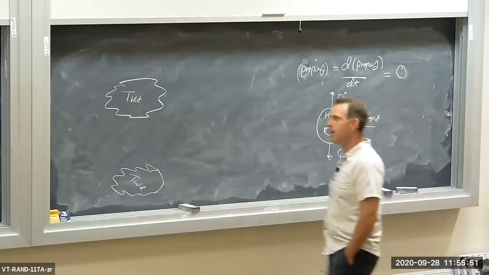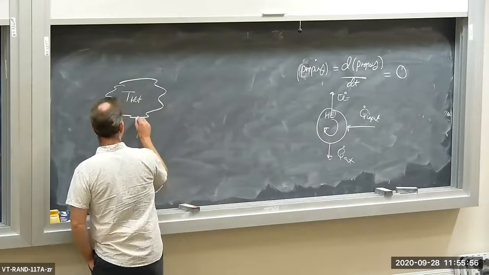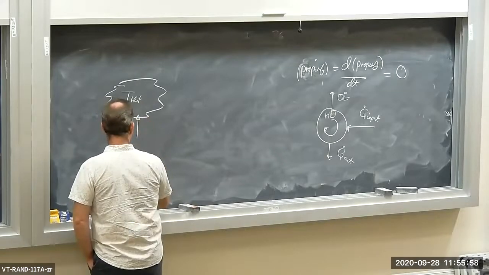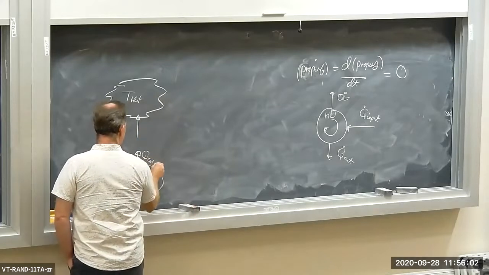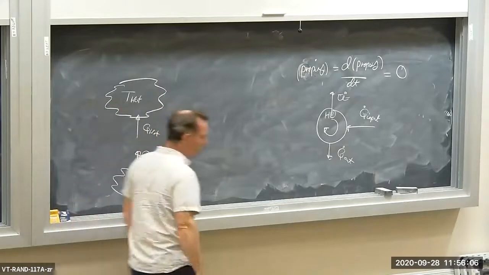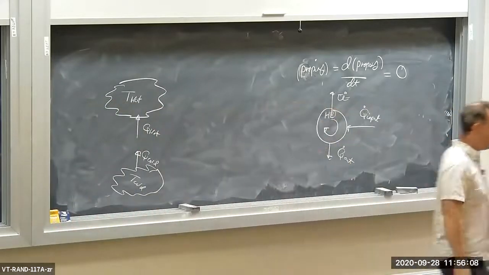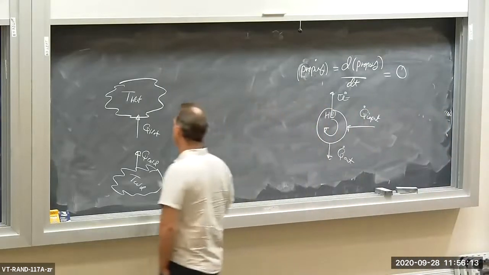Now, if we want heat to flow the other way, if instead I want to pull heat from the cold place, so Q cold, Q hot. If instead I want to transfer heat from the cold place to the hot place, I have to do work to do it.